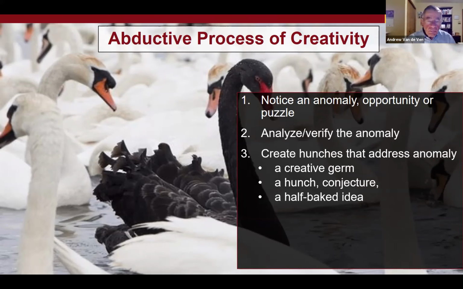Another one might be it's a mutation. Maybe this is a swan that represents the starting of a new species, biological, genetic. Or I could say, no, that swan is black because it was in polluted water. And yes, indeed, I checked the lake and I found there was polluted water there.